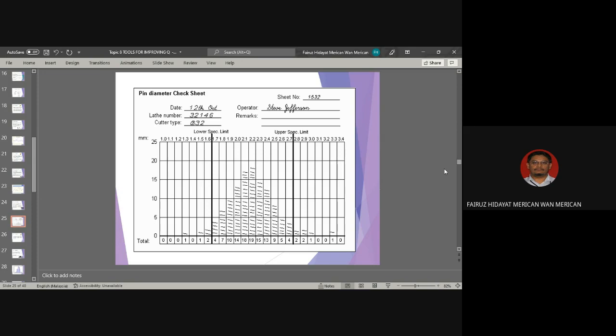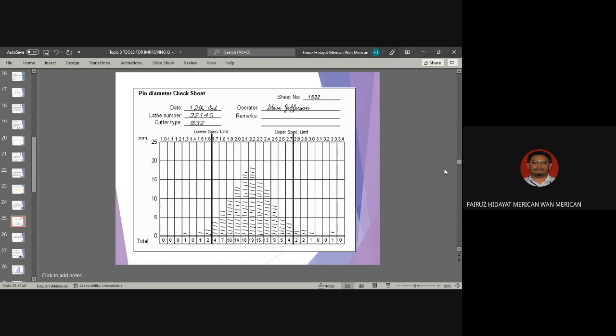So they can probably say that for this particular cutter, the machine that is used to manufacture the pin, I think it's B32, initially when they use that machine to make the pin, it starts with very small diameter below the spec limit, and as the machine starts to produce the pins, it stays within the spec limit, and most of it is at 2.2 millimeter.